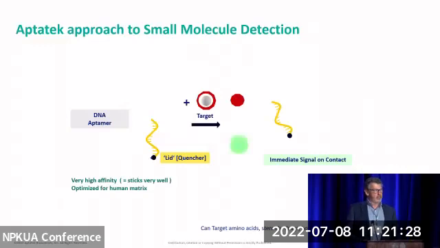So this gives us a direct signal. The goal here is to make this quantitative, because as you know, in managing your PKU, you want to know not just is your phenylalanine high or low today, but really try and measure more accurately the level of blood Phe in real time, especially if you're taking many of the new and exciting therapeutics that are being developed now, where your blood Phe can be quite low.